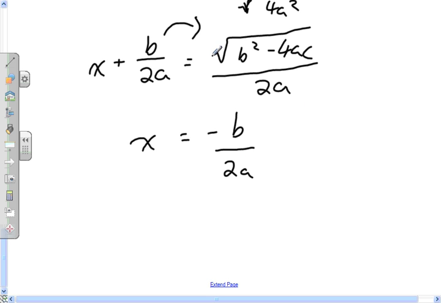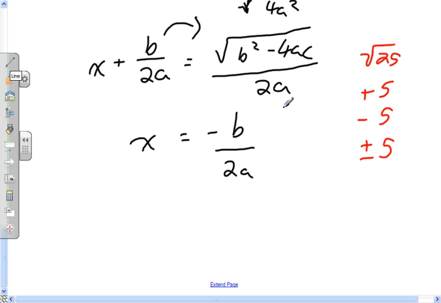Now, because this is a square root, guys, that means I'll get both a positive and a negative answer. For instance, the square root of 25. Square root of 25 is both positive 5 and negative 5.